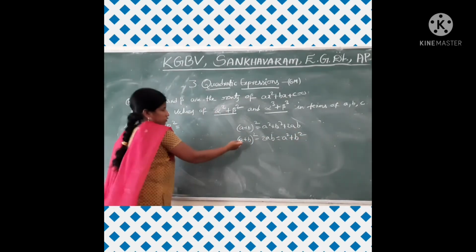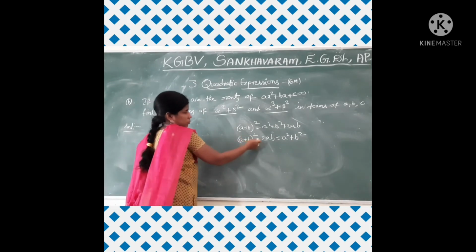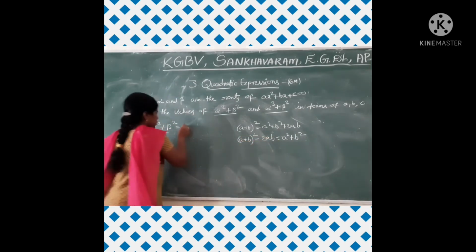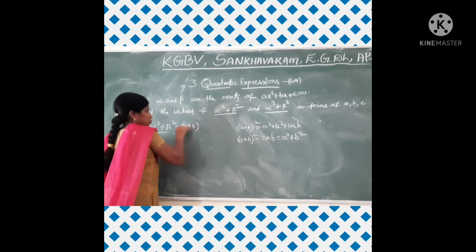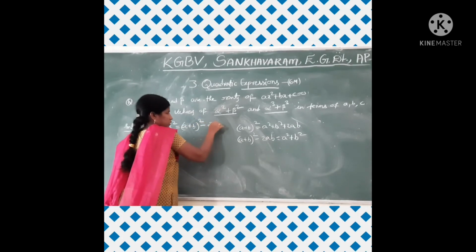Alpha square plus beta square, you can write alpha plus beta whole square minus 2 alpha beta.